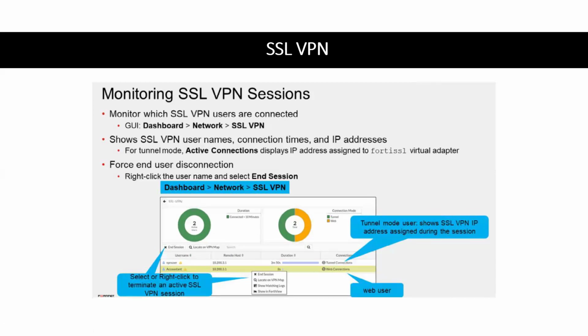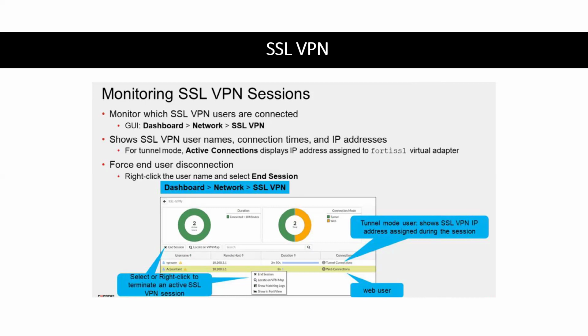And you get there and you can actually see, if you guys look at the screenshot, you can see user, you can see the SSLVPN tunnel IP address that has been assigned to your host, right? You'll be able to see the active session, see how long they've been connected. And what I love about the 7 train, you'll be able to see if it's tunnel mode or if it's web mode, right? You'll be able to see that.